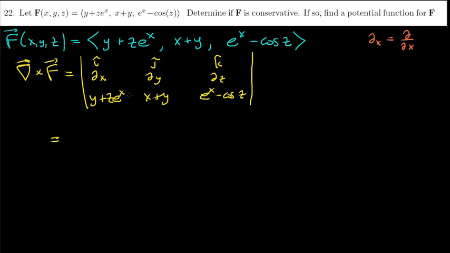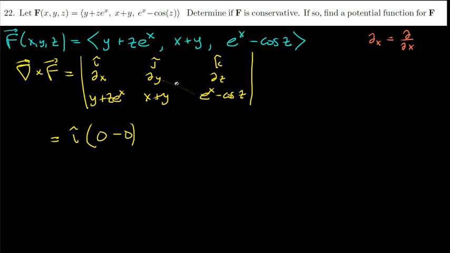So let's see what we get. So for the i component, the partial of this with respect to y is 0, because there's no y there, right? And the partial of x plus y with respect to z is also 0. So that's good.